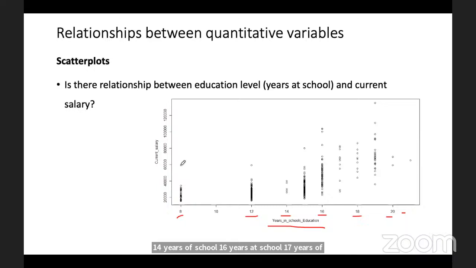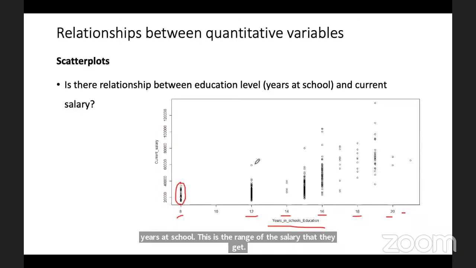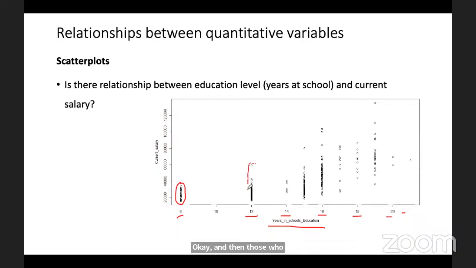Among those who spend 8 years at school, this is the range of the salary that they get. Okay. And those who spend 12 years at school, this is the range of salary they get. Then 14 years at school. You can see this one spent 14 years at school, but there's somebody who spent 12 years at school getting more money than them.